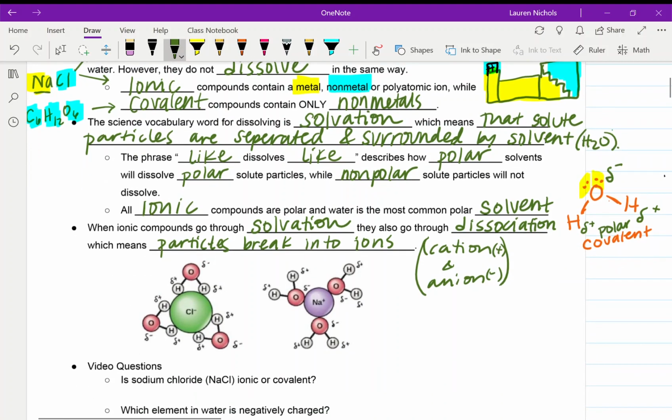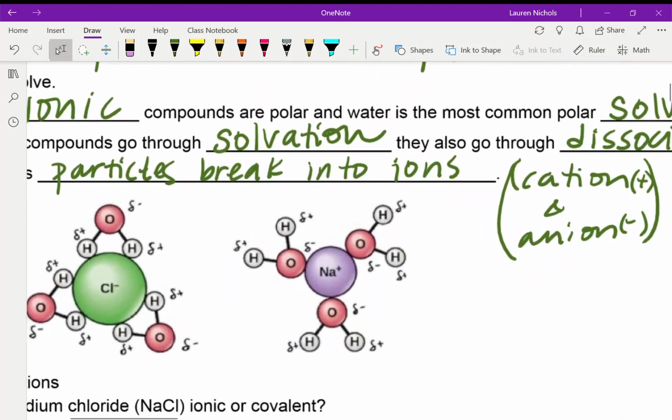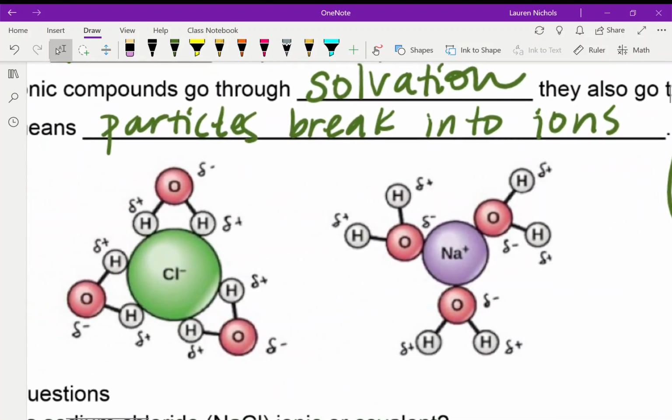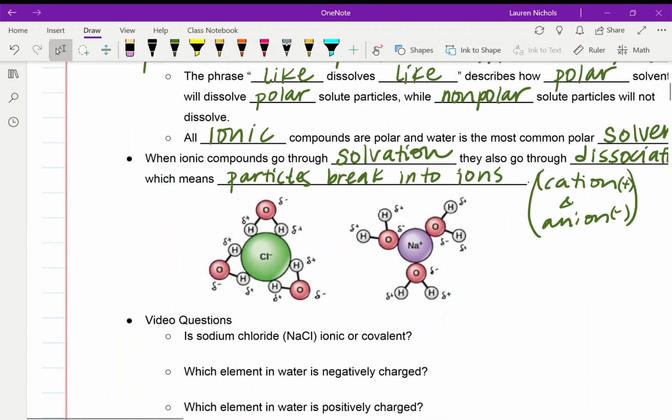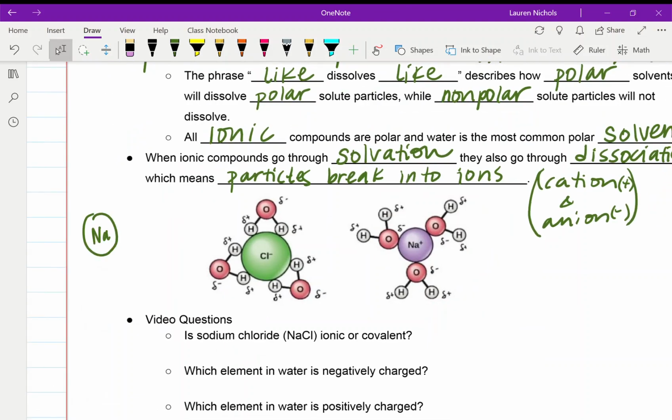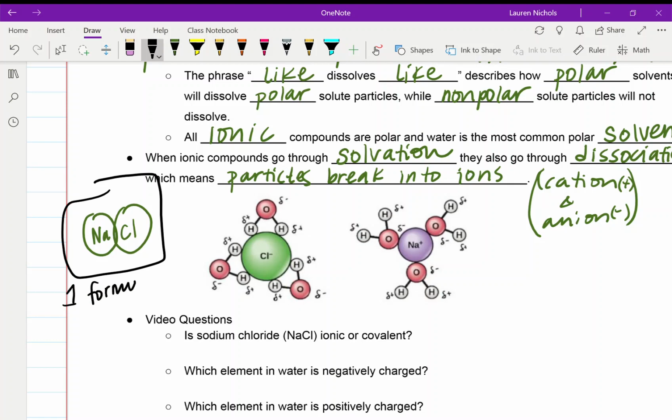And so if you look here, you'll see that at the sodium chloride, typically, if we had just sodium and chlorine together, this whole thing is one formula unit of salt. And so that would be our particle. It would just be a formula unit.